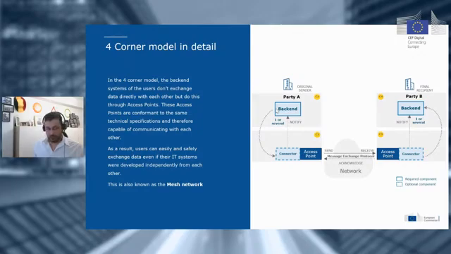Corner 2 or C2 is the sender access point, associated with the original sender, which will send the message to the receiver access point, corner 3. And corner 4 is the receiver backend which will receive the message.